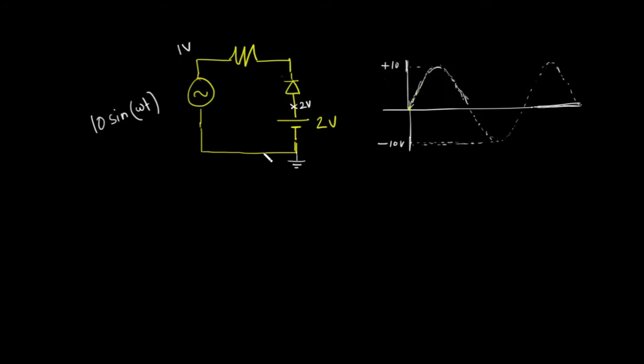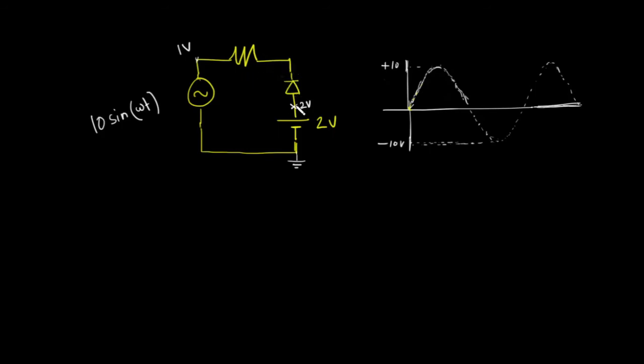So when will a diode turn on? A diode will turn on if the voltage of the anode is greater than the voltage of the cathode. So the anode is at 2 volt and the cathode is connected to a point that is at 1 volt potential. Even if some drop occurs across this resistance, then this point will be even lower than 1 volt, right?